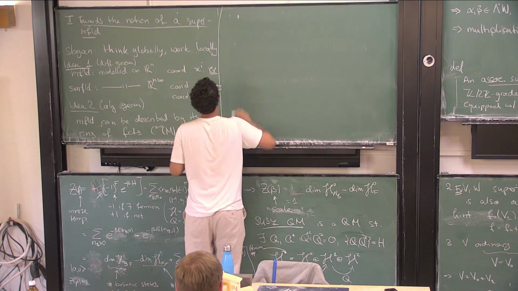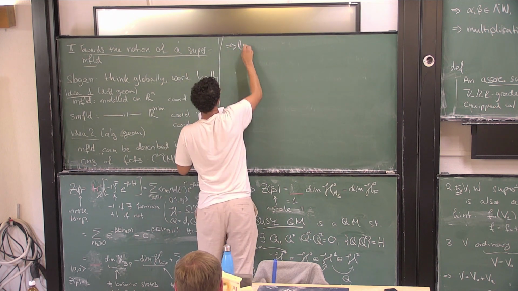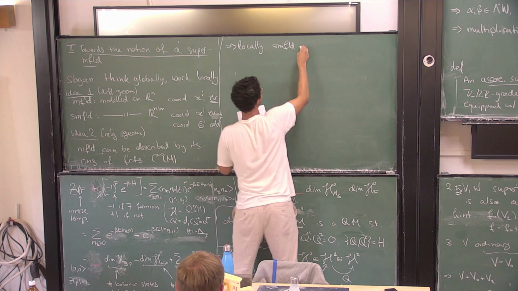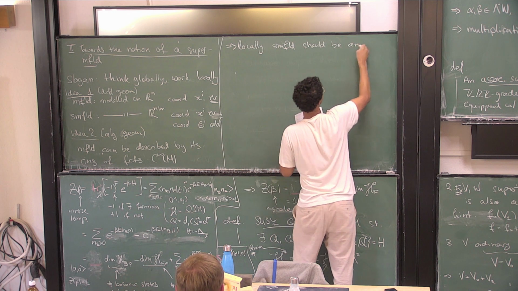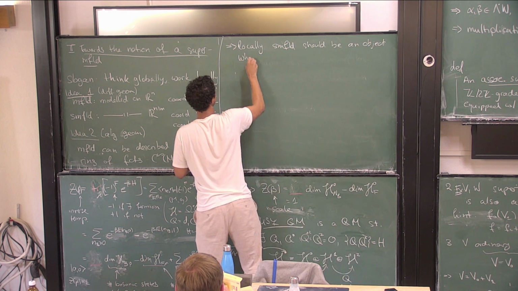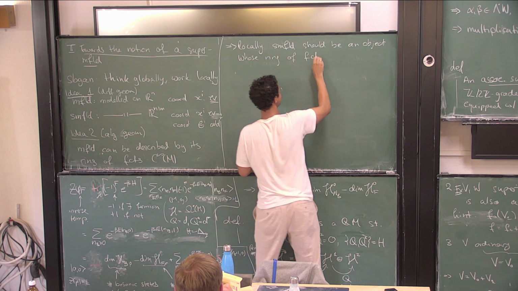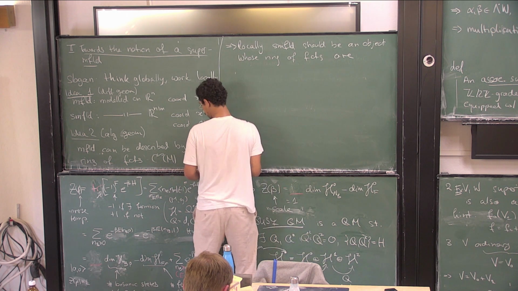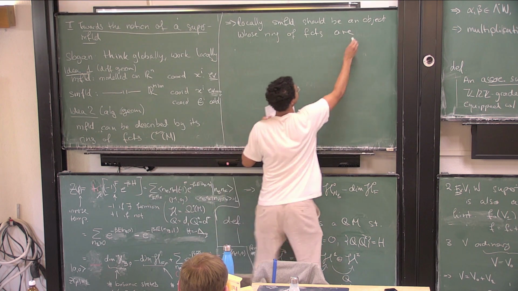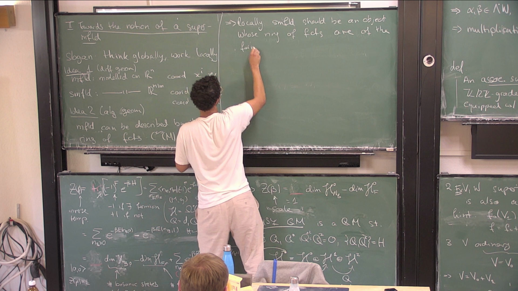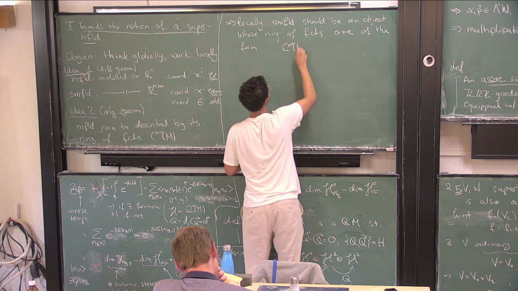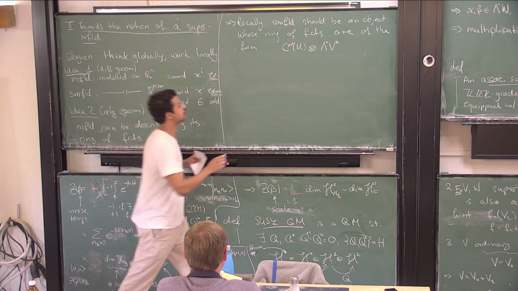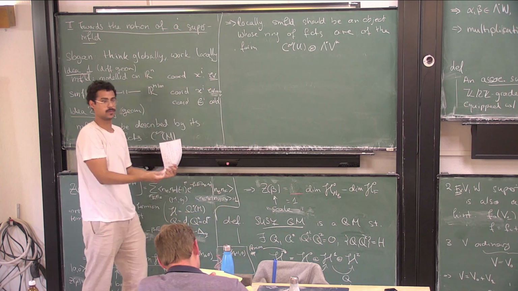So what this would basically mean is that a supermanifold locally should be an object whose ring of functions is of the form functions on U tensor some exterior algebra of V star, where U is this local chart we would like to take, like an open set.